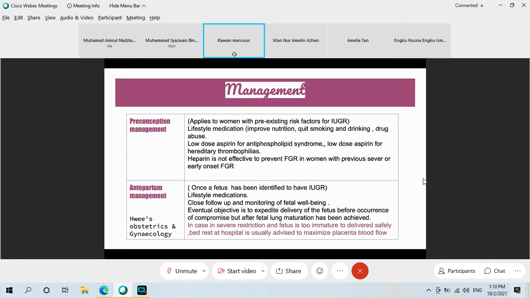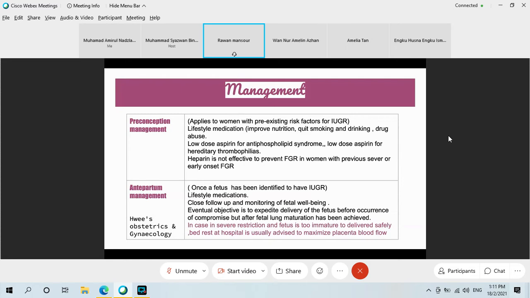For preconception management, which applies to a woman with pre-existing risk factors of IUGR, lifestyle modification will improve nutrition, quit smoking, drinking and drug abuse. Low dose aspirin for antiphospholipid syndrome, and also low dose aspirin for hereditary thrombophilias.